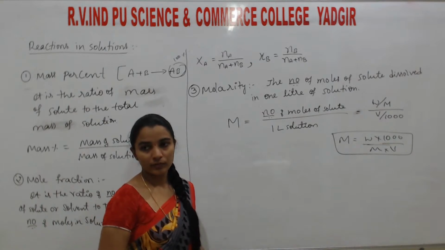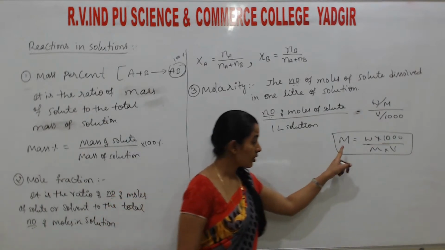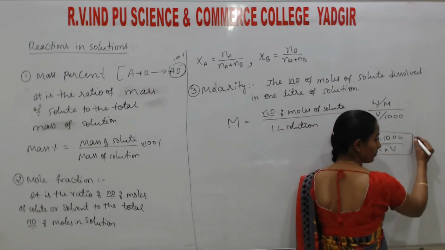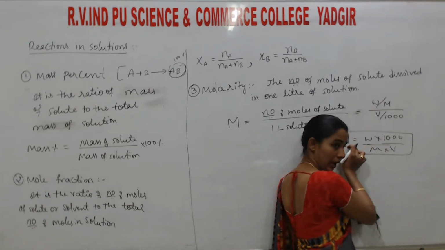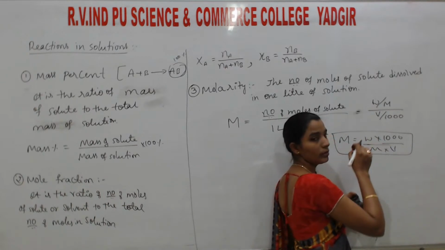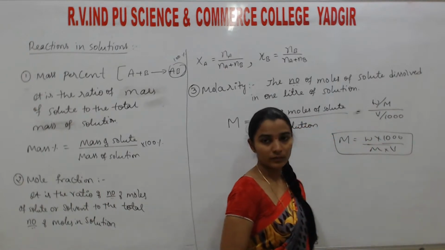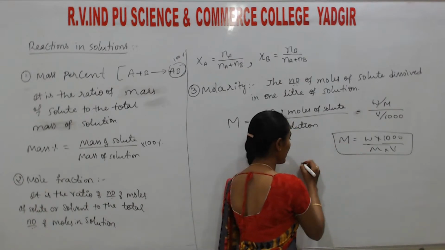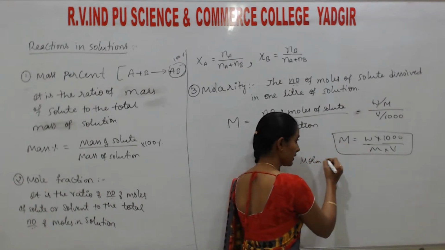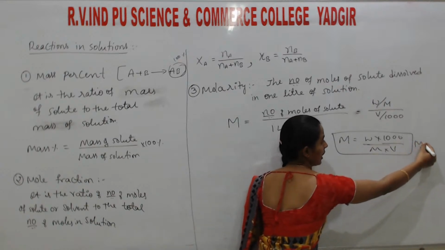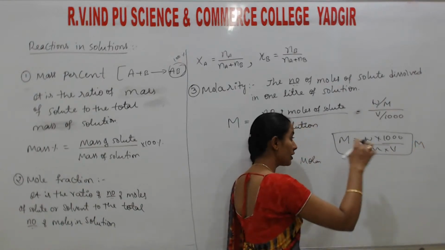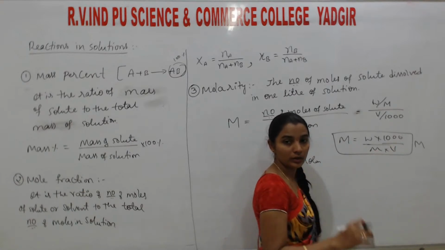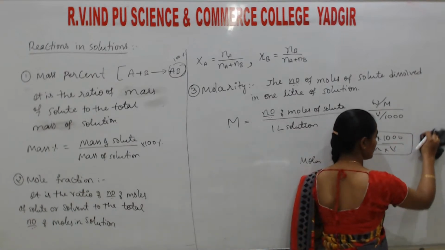So students, if you write molarity here, then you have to write capital M here. If already you mentioned capital M here, no need to mention unit here. Understand? If you write molarity like this, then you have to write capital M here. If already you represented M here, then no need to write the unit, remember that. Okay?